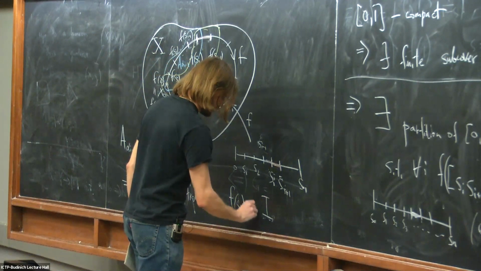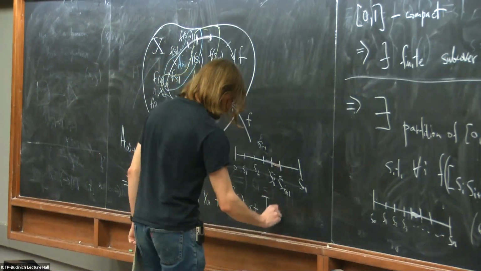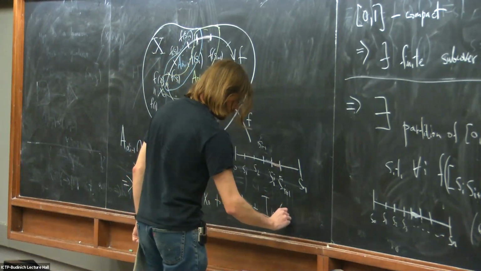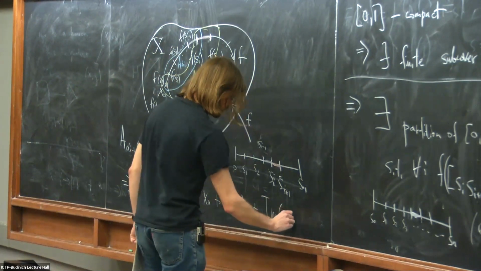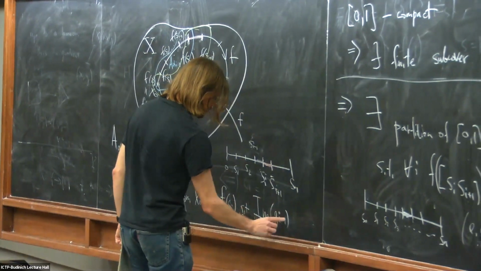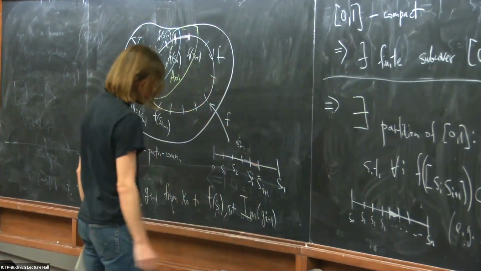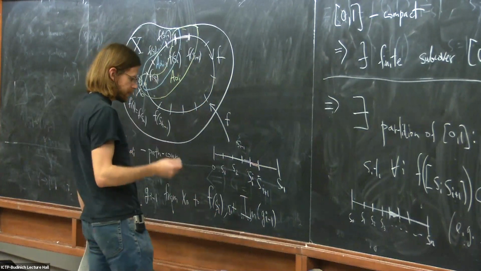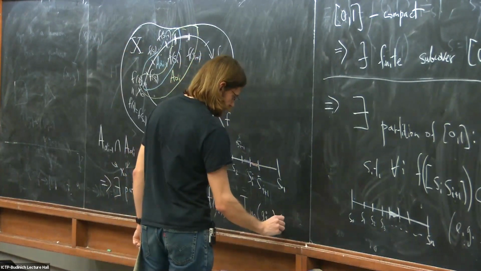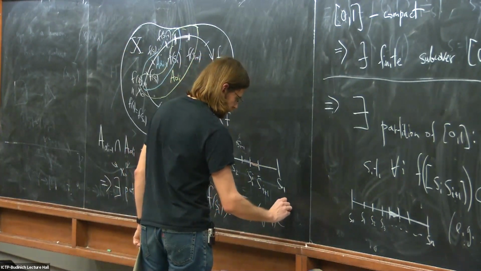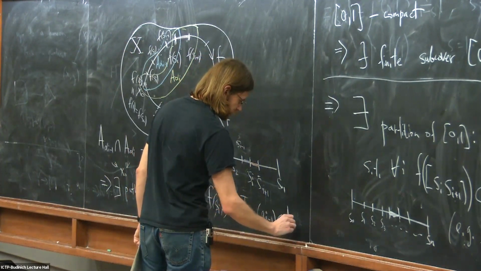such that the image of this path, considered again as a function from an interval to X, is contained entirely in this intersection.